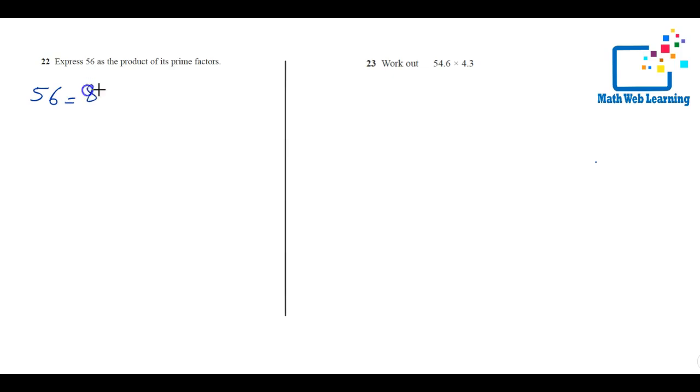You know it is 8 times 7. And you know 7 is a prime number, 8 is not. So you need to break it down into its prime factors, and they are 2 times 2 times 2 times 7. You can double check: 2 times 2 is 4, 4 times 2 is 8, and 7.